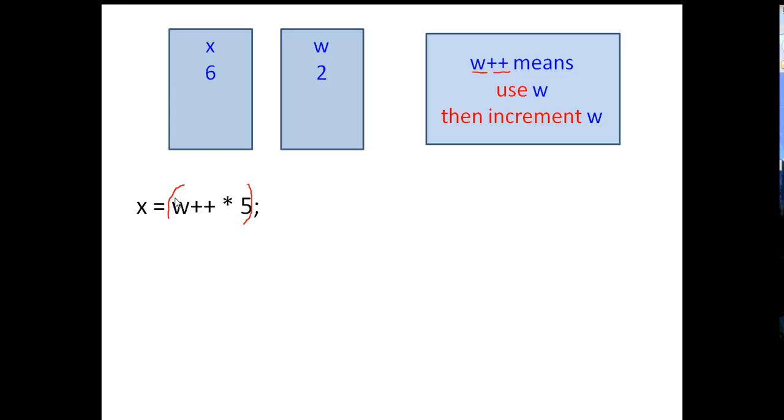So w is going to be used before it gets incremented because it comes before the increment operator. So the w is 2 right now. And we're going to multiply it by 5, and so we get 10. So the x is going to be assigned 10. And then w has to be incremented still, so it gets incremented after it was used in the calculation.